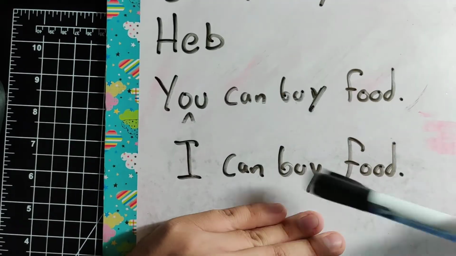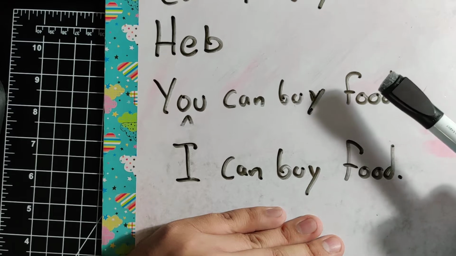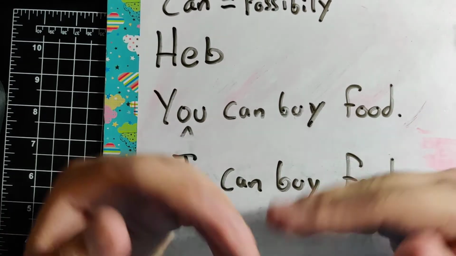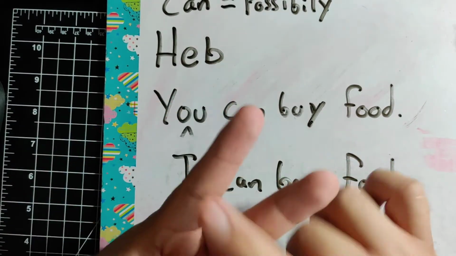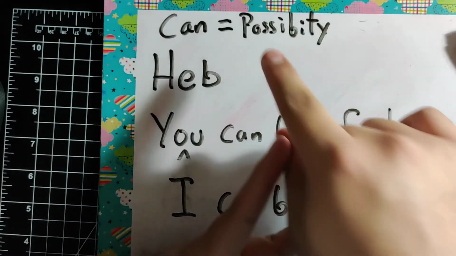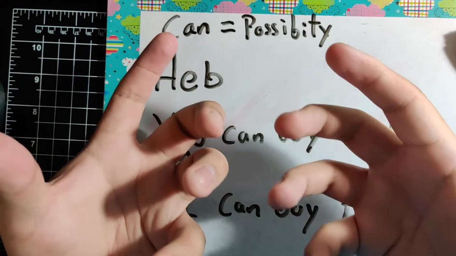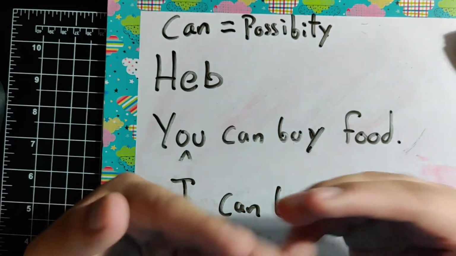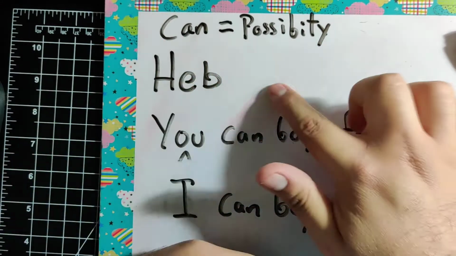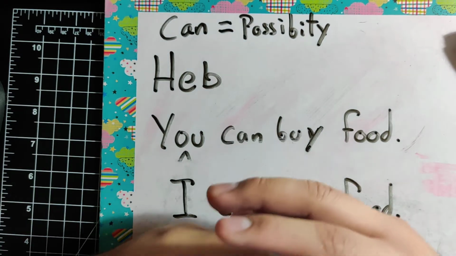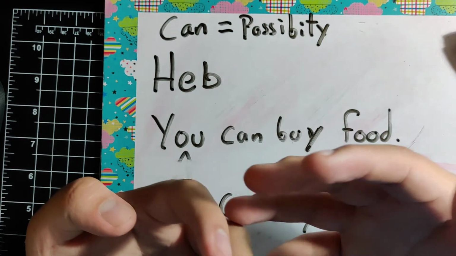But if I say, I can buy food in HEB, right? Depending on your tone, depending del tono que ustedes usen, pueden dar los significados. One, possibility. It's like, yeah, I can buy food in HEB. I have money. See? Depending on the context, right? Possibility. Yeah, I can buy food in HEB. I mean, I'm not prohibited to.